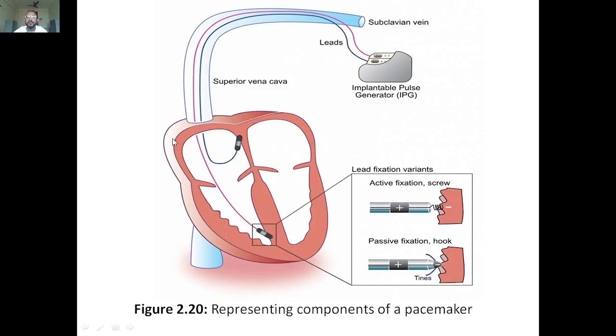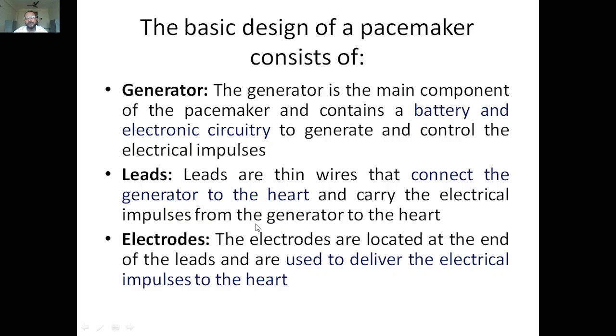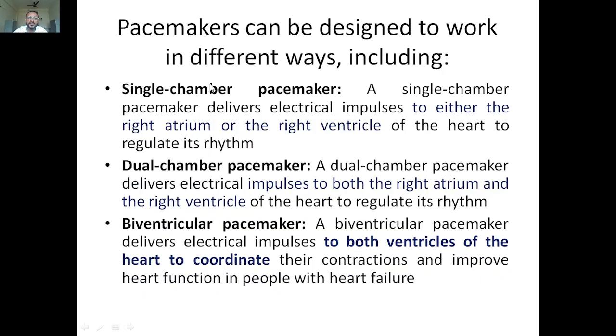Why? Because we are delivering the electrical impulse to only one chamber, either the right upper or the right lower, right atrium or right ventricle. So that was the first design, single chamber.